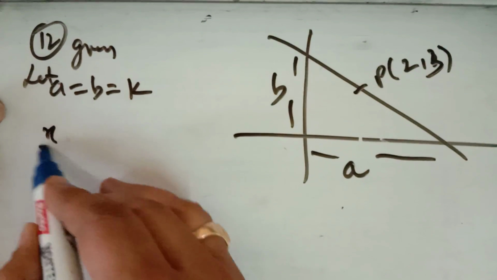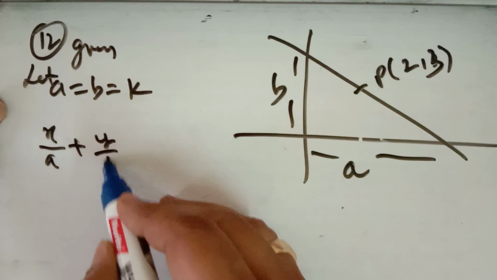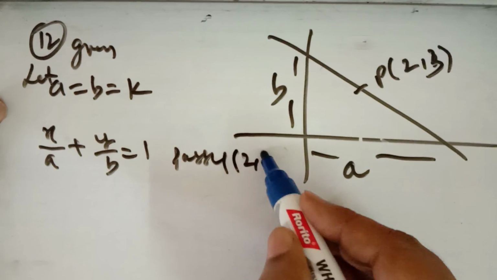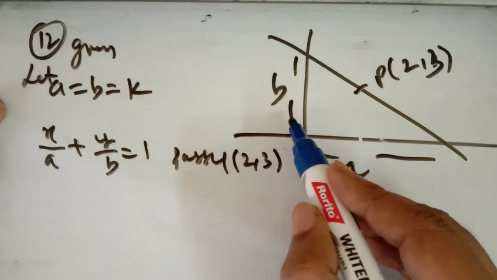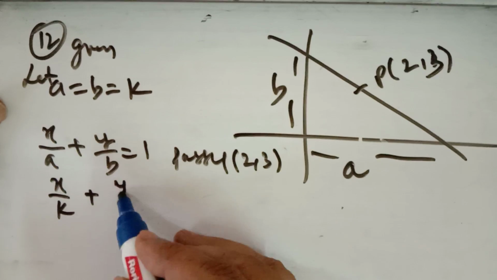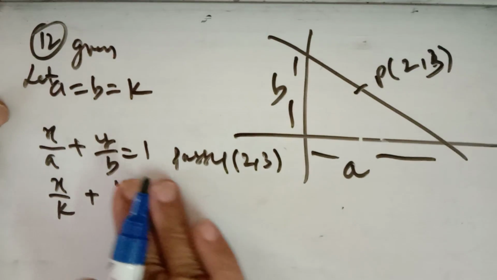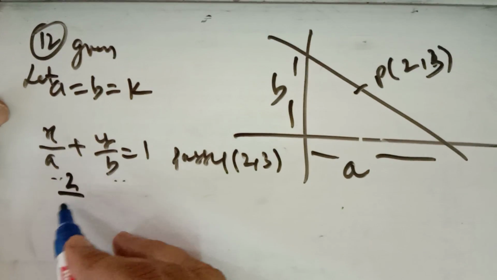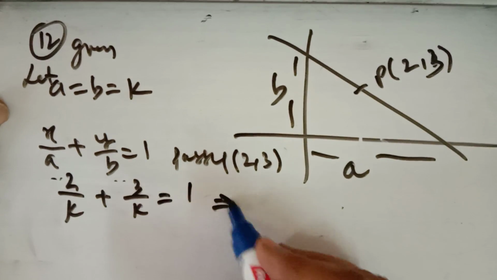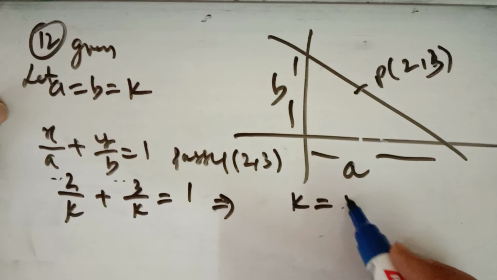So the equation of the line in the intercept form is x upon a plus y upon b equals 1, passing through the point (2, 3), where a and b are equal to each other, which we have taken as k because they are making equal intercepts. Replace x with 2, a with k, y with 3, b with k, equal to 1, and you will get the value of k as 5.